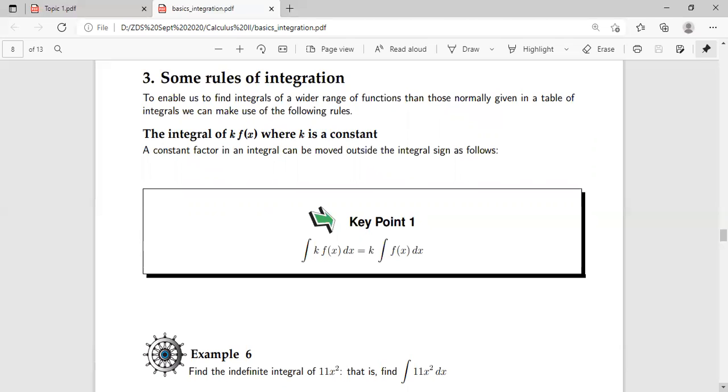For example, if we are given the integral of k f(x), where k is a constant, a constant factor in an integral can be moved outside the integral sign.